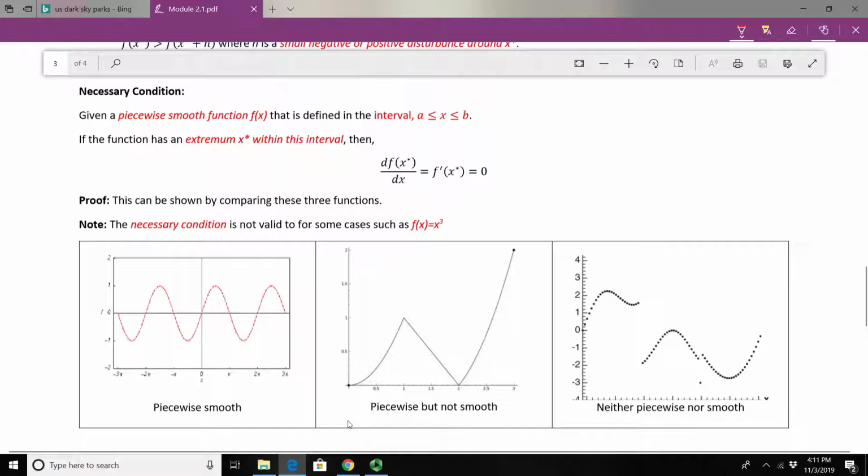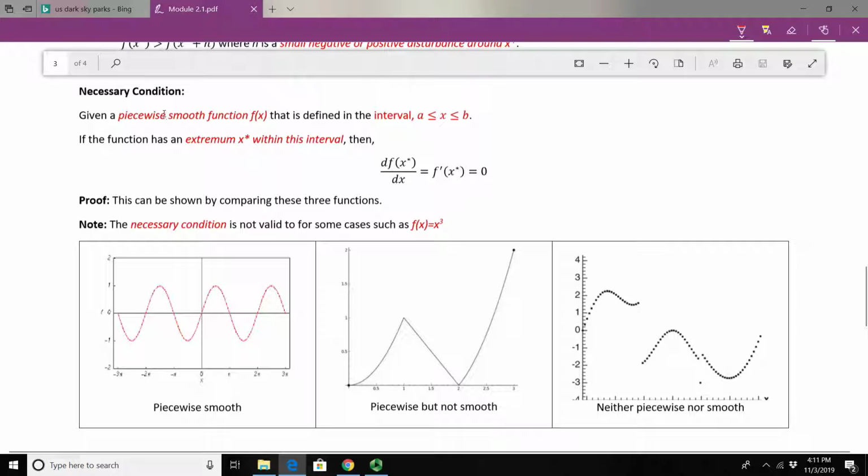If you go to the second graph, you will see piecewise but not smooth. Why is it piecewise? Because there's no jump. You continue, but you see there are kinks here and here, which means the slope is not continuous. If we go here, it is not piecewise and it is not smooth either, because the slope is different at these two points.